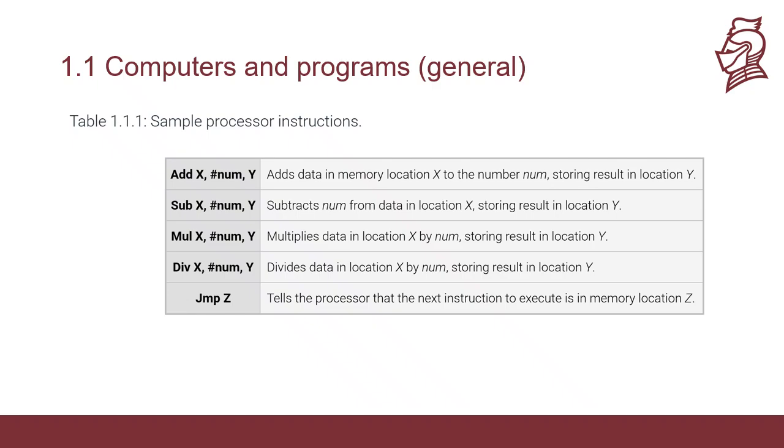And it understands that in terms of commands that are listed as zeros and ones. So add X, like this first command, actually would be converted into ones and zeros and passed into the processor, and the processor would execute that command. So that's called assembly language. It's a very low-level language.